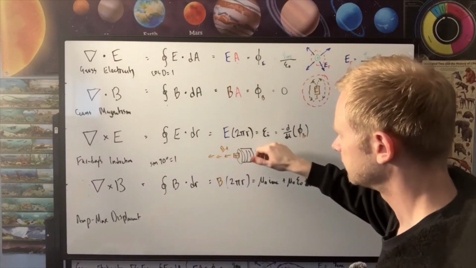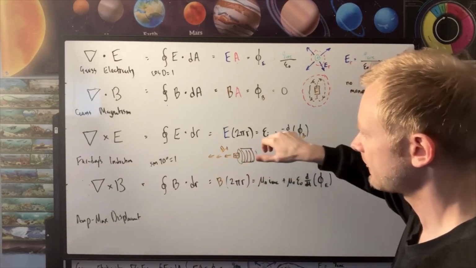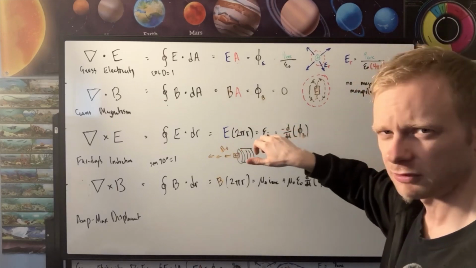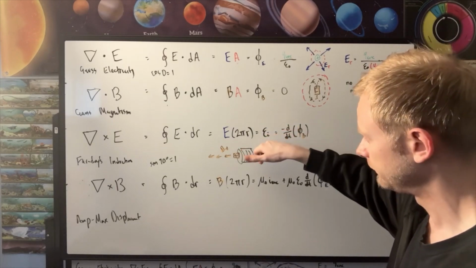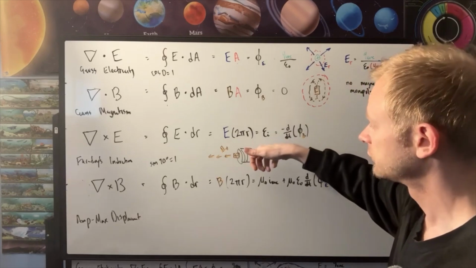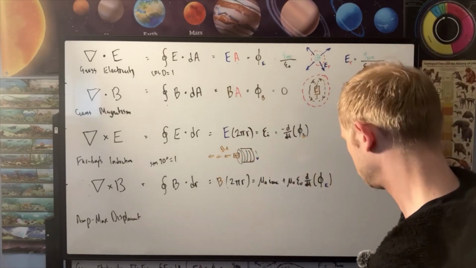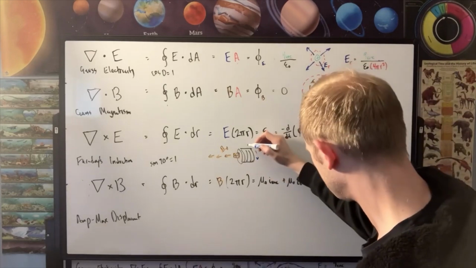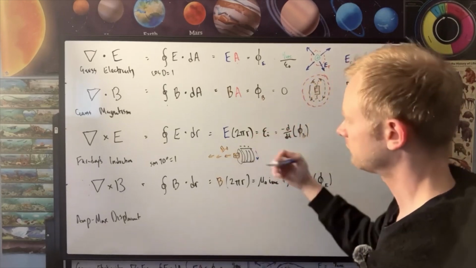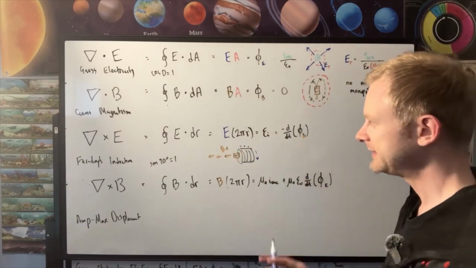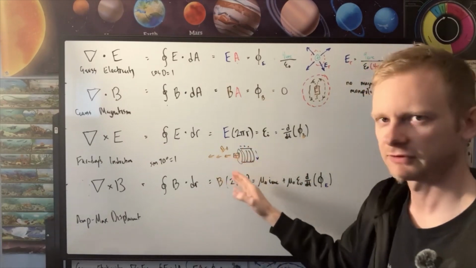Usually the magnetic field would increase in this direction, giving you a current going into the wall here. So you'd have to counter that by making it go this direction, and that's what the negative symbol is for. So it would come out of the wall, and that would basically prevent or counter this growth.